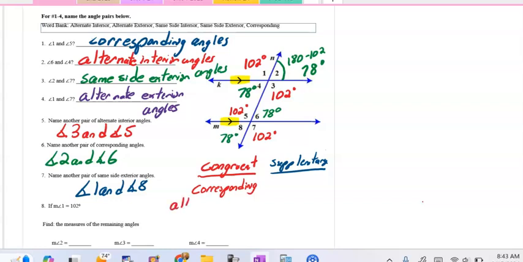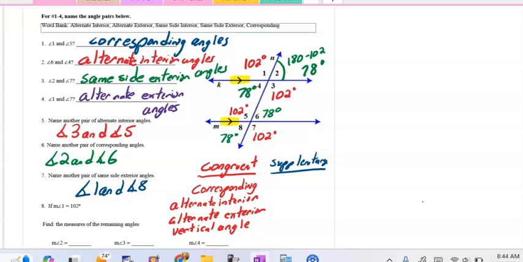So alternate interior angles are also congruent. If you look at 1 and 7, 2 and 8, alternate exterior angles are also congruent. And then from the previous unit, we know that vertical angles are also congruent, meaning 1 and 3, 2 and 4, and so on.